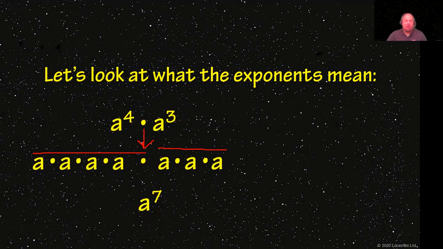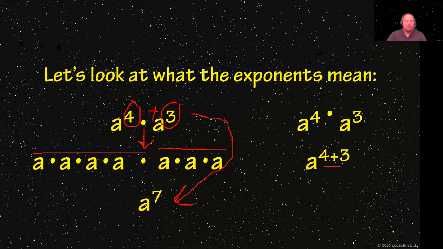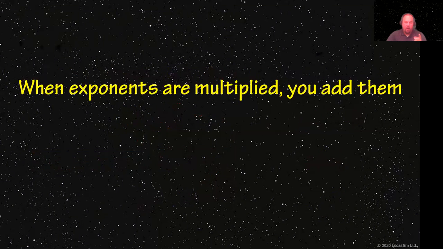If you notice here, we said A to the 4th power times A to the 3rd power. All we did was add the exponents. Here's 4, here's 3. What's 4 plus 3? That gives us 7. So if you multiply, and it's the same variable with exponents, you add them.